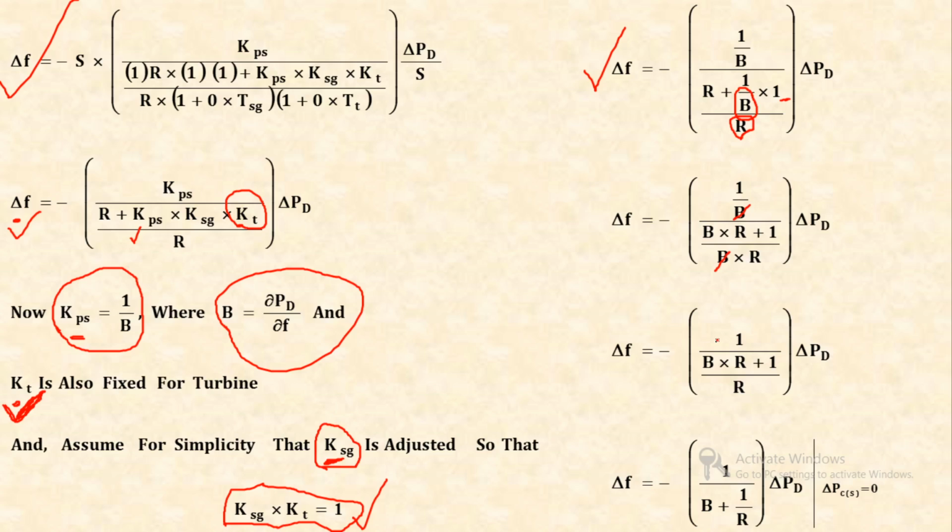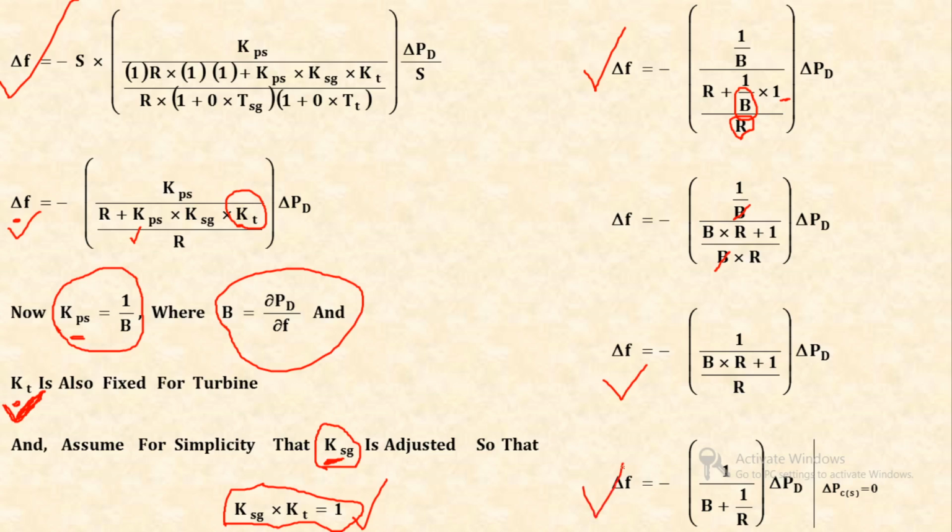So the simplification is delta F is equal to minus of 1 upon B into R plus 1, divided by R. Now put R individually in these two terms of the denominator. So delta F is equal to minus of 1 upon, if we put BR upon R, so R and R will be cancelled, B plus 1 upon R into delta PD.